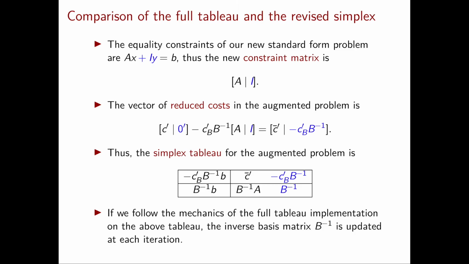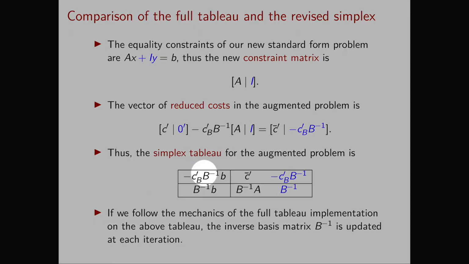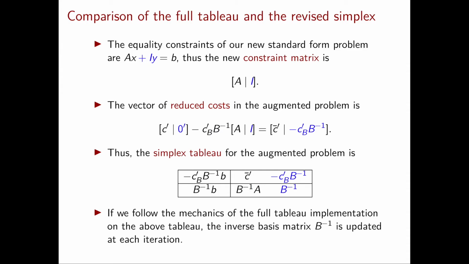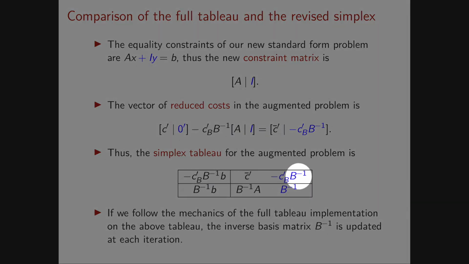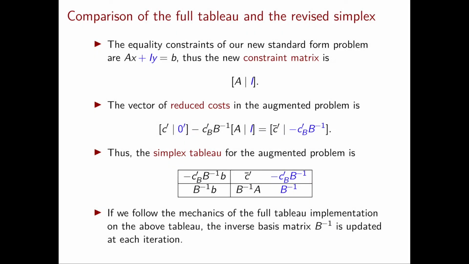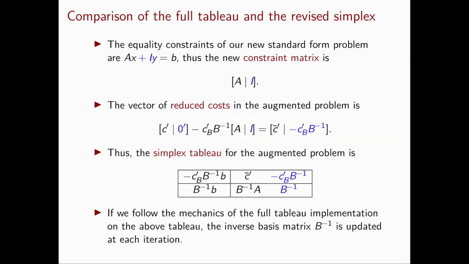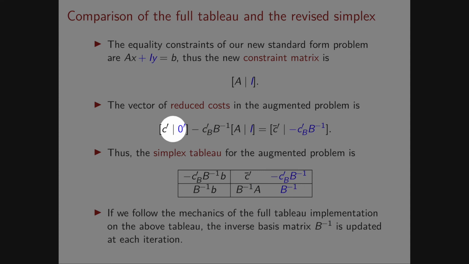For the entry in the top left, our formula is always minus c_B transpose B inverse b. So the only thing left to understand are the reduced costs. To compute the reduced cost, we always use the formula cost vector minus c_B transpose B inverse times the constraint matrix. Now the transpose of the cost vector is c transpose and then 0 transpose, while my constraint matrix is A and then the identity.